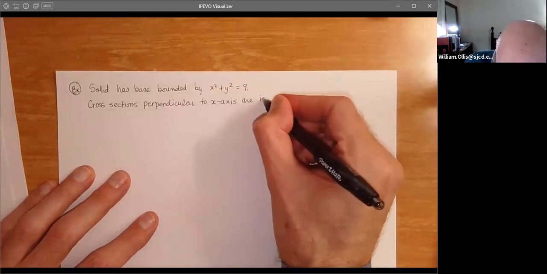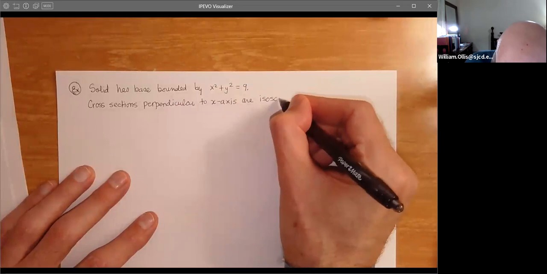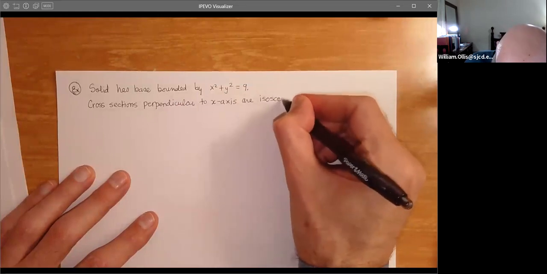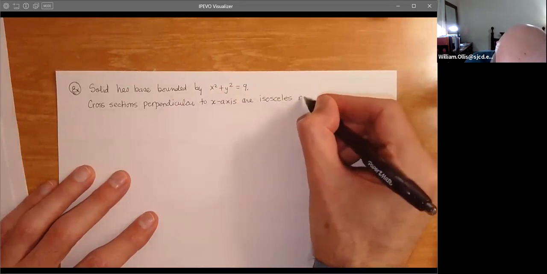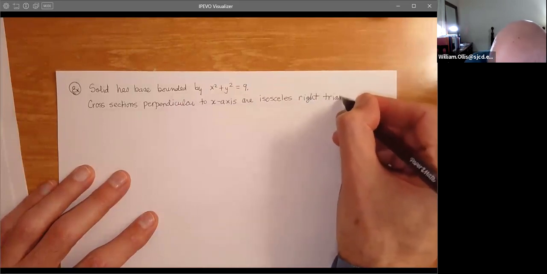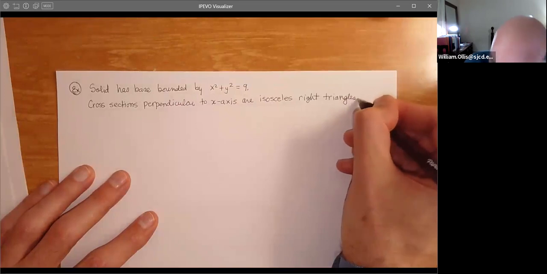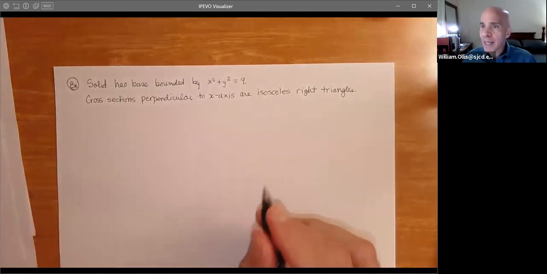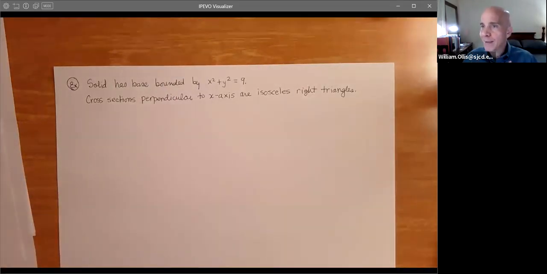So that's going to be something we understand. So the right triangle, or the right angle, will be in the ceiling, so to speak. And so whatever dimension we have in the circle will be the hypotenuse. So that'll be an easy computation.